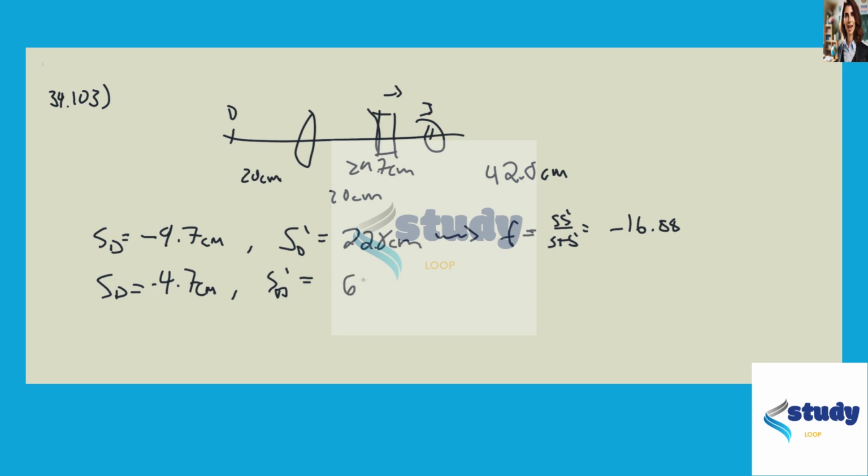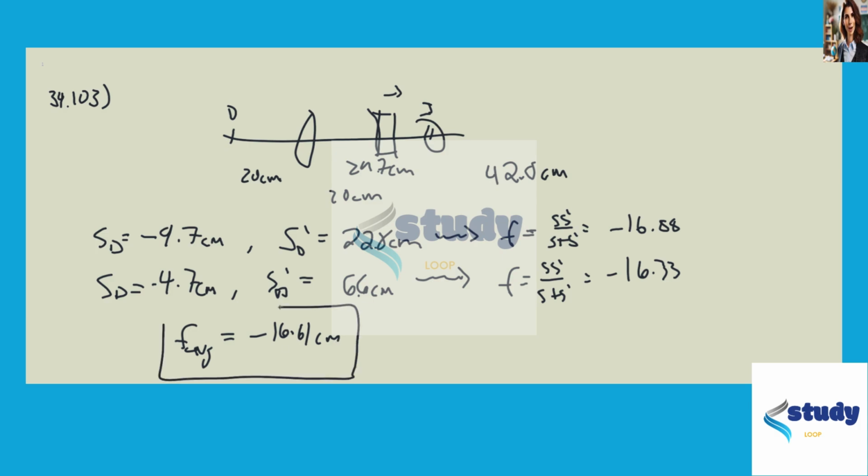That corresponds to 6.6 centimeters of an image distance. Again, we can plug this in to figure out the focal length, and it comes out to be negative 16.33. Awesome. So we can take the average, and that comes out to be negative 16.61 centimeters. That's our average focal length, and that's what we take as our best experimental value.